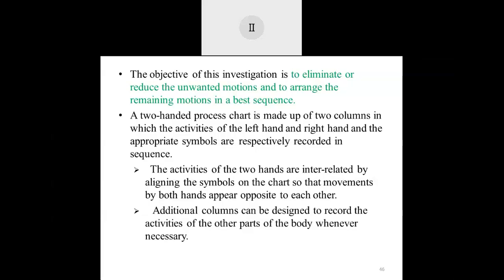So all those things are activities by other parts of our body. If it is required, we can make a separate column and mention the activities by other parts of our body if it is necessary. So now let's just see an example.